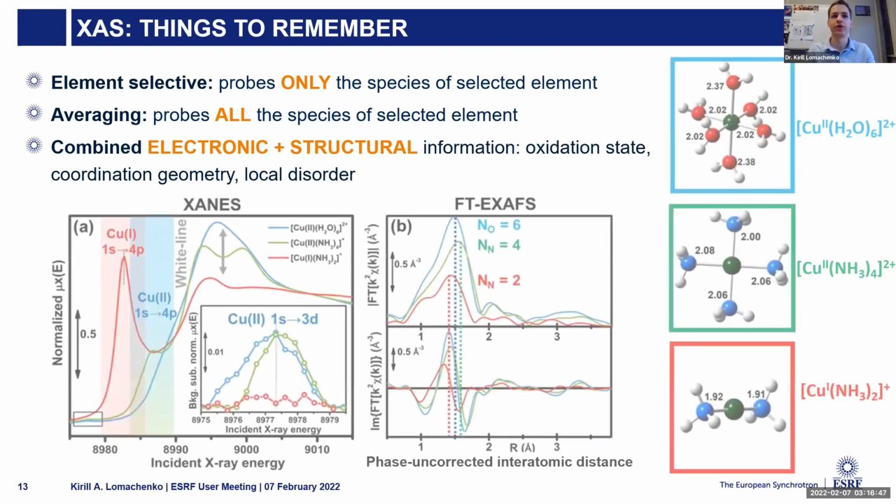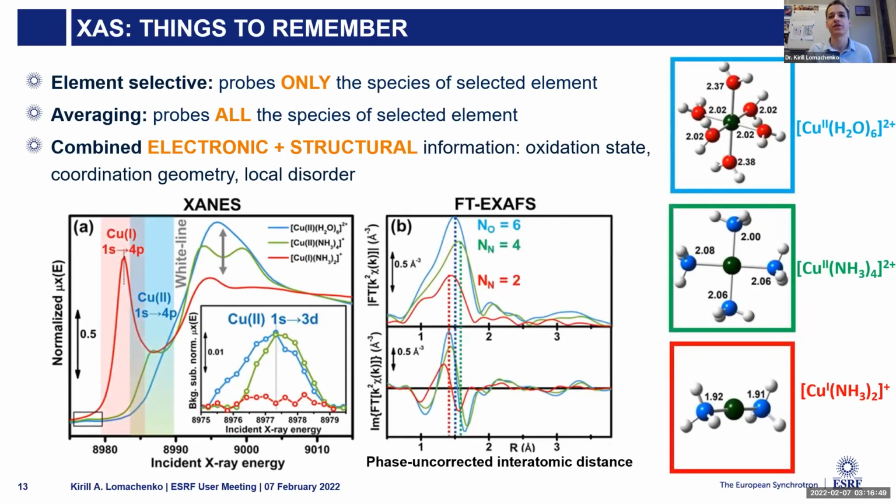As a quick overview, here you can see the XAS spectra of 3 different copper compounds in solution. So copper in water surrounded by 6 water molecules, and 2 copper ammonia complexes, copper 2 and copper 1, that differ by the number of ligands, and also the average bond distances of all 3 of these compounds are different.